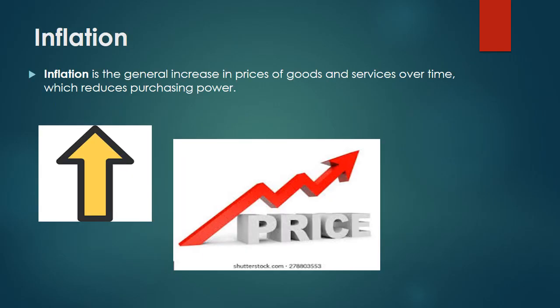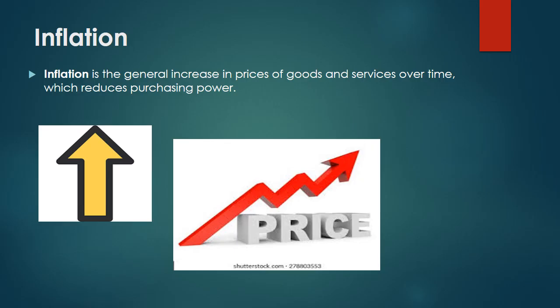Inflation is the general increase in prices of goods and services over time, which reduces purchasing power. When companies increase their prices, or when the price of products increases, people will not be purchasing goods, which is the meaning of reducing purchasing power.